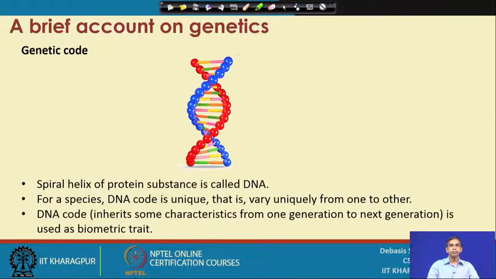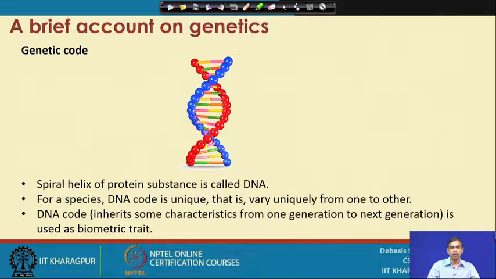Now, see, the chromosome is basically a code, also called the genetic code, and we know that every individual has its own characteristics, own features, own specification. This is because his genetic code is unique and completely different from any other individual around.